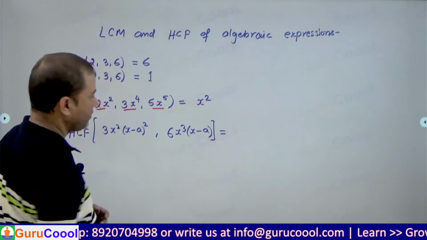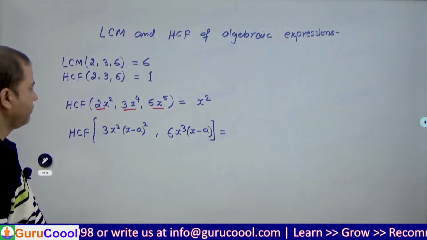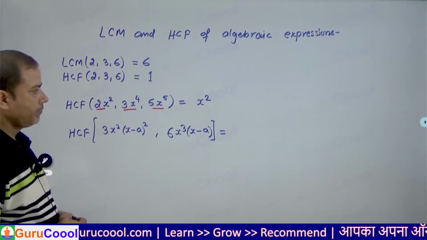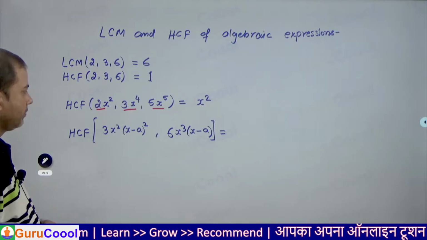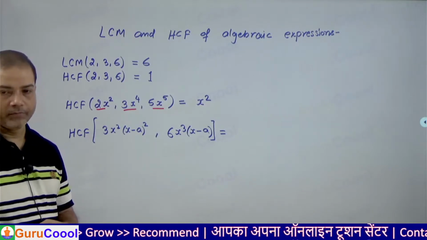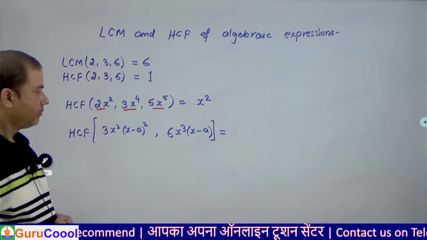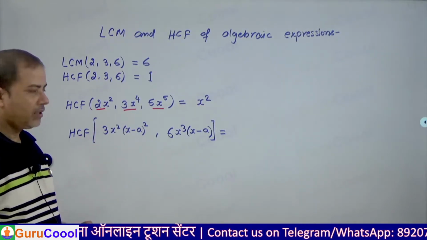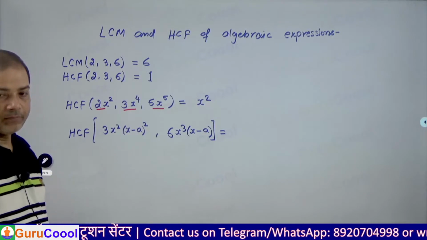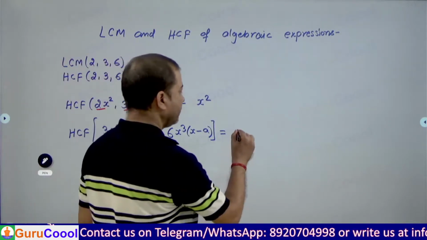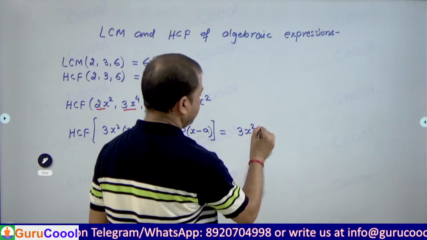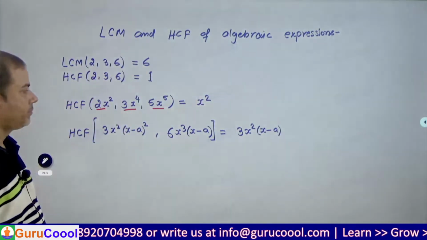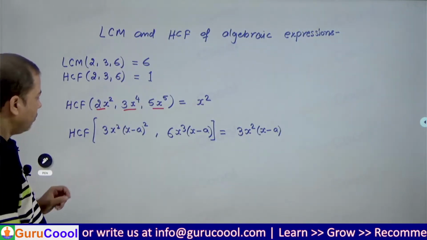What is HCF of these two? Sir, 3x square bracket x minus a. That's right.